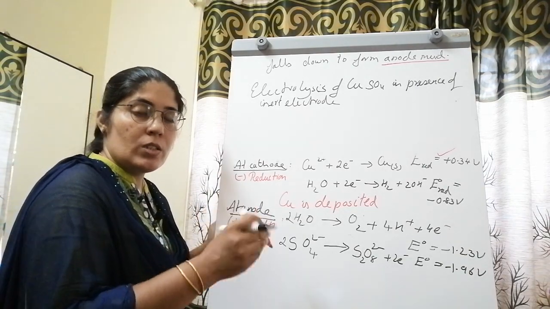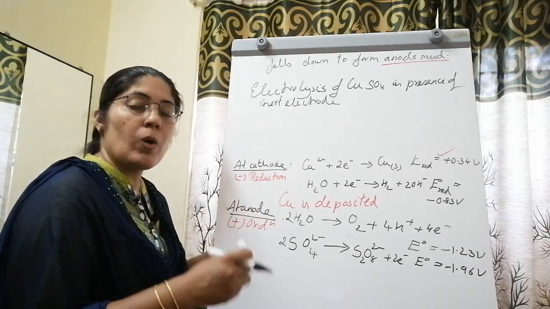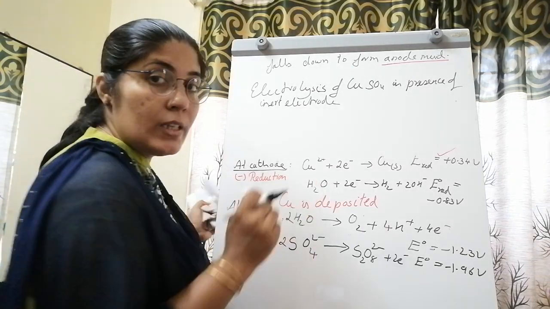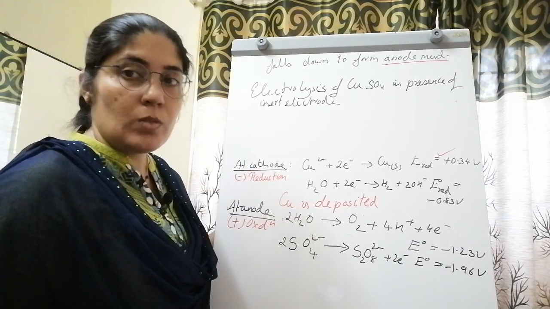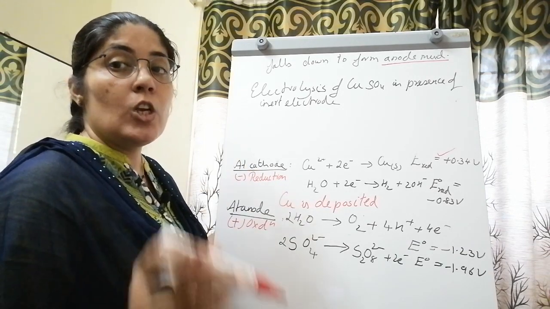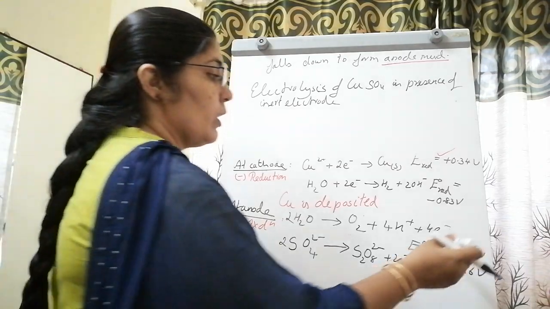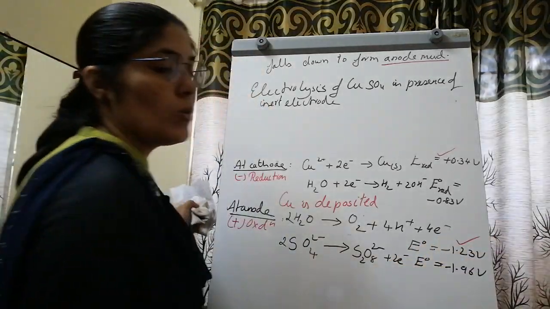In this case, the oxidation will take place only for the one which has the higher reduction value. So when you compare minus 1.23 and minus 1.96, of these two negative values the higher value is minus 1.23 volt. So this is what is going to happen.